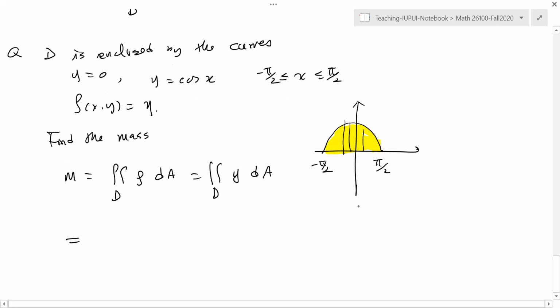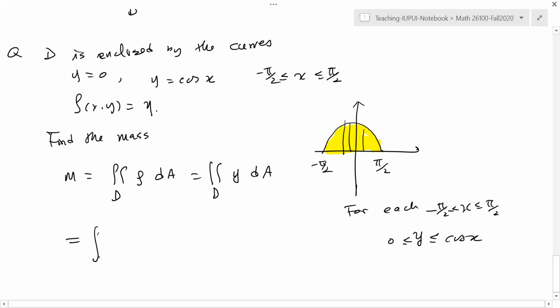For each x between -π/2 and +π/2, let's set up 2 integrals. The y variable along this vertical line has lower bound 0. The upper bound is determined by the curve, which is cosine x.